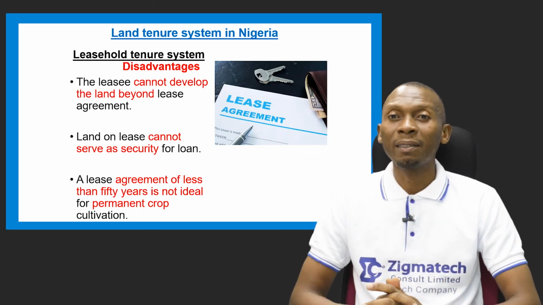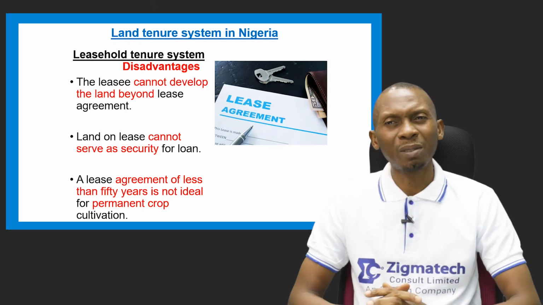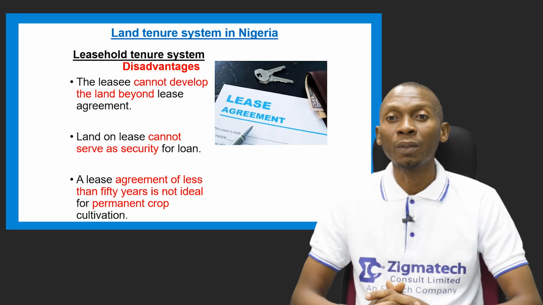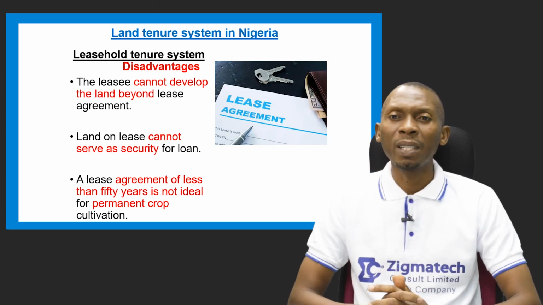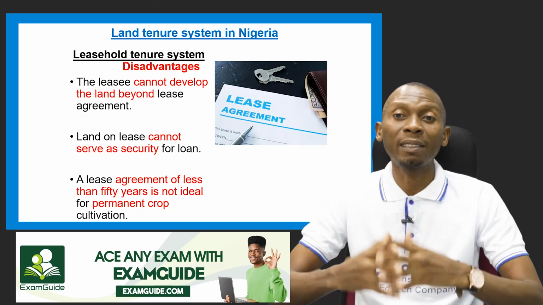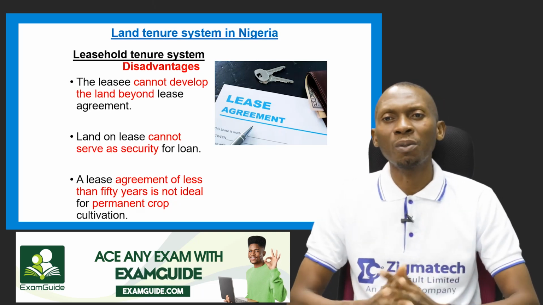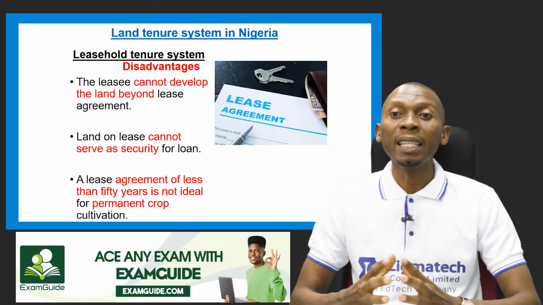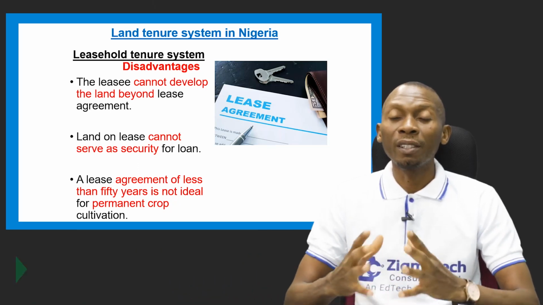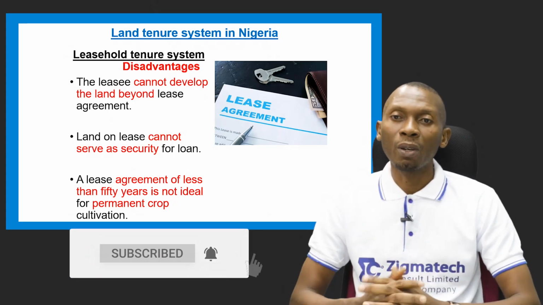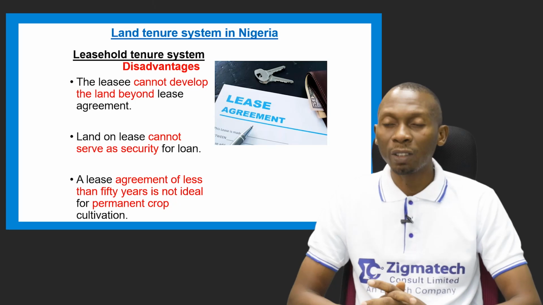Rubber, likewise, takes about 3 to 6 years. Same as oil palm, which takes about 3 to 7 years to mature and start producing fruit. So you can see that when you're dealing with permanent crops, we really need a lot of years. It's better to own the land when you are talking about permanent crop cultivation.